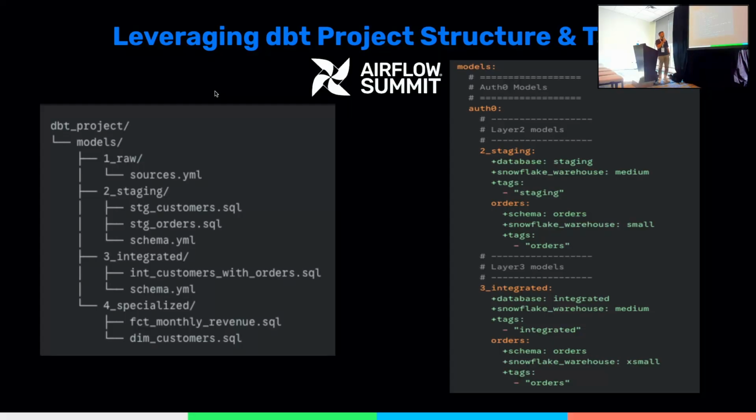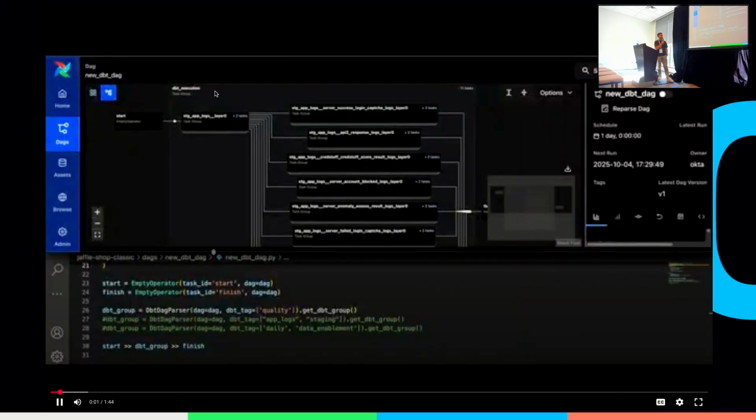To make sure your dbt tags work well, you need a very structured and mature naming convention and project structure, and you need to have everything super under control. I want to show you how that works.